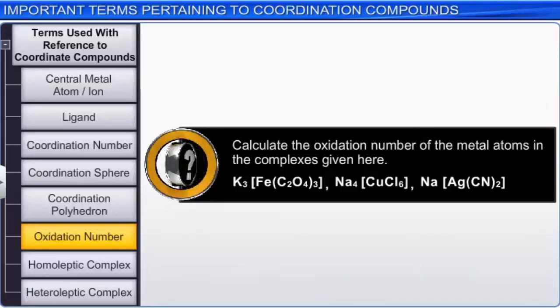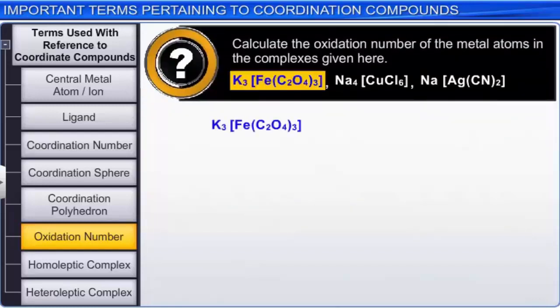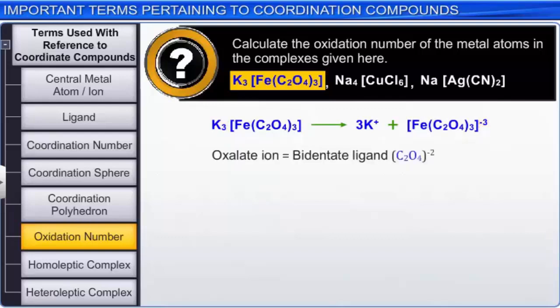Here is a simple problem for you. Calculate the oxidation number of the metal atoms in the complexes given here. In the first case, there are 3 cations outside the coordination sphere. Hence, the charge on the complex ion is minus 3. The oxalate ion is a bidentate ligand. Each oxalate ion carries a charge of minus 2.